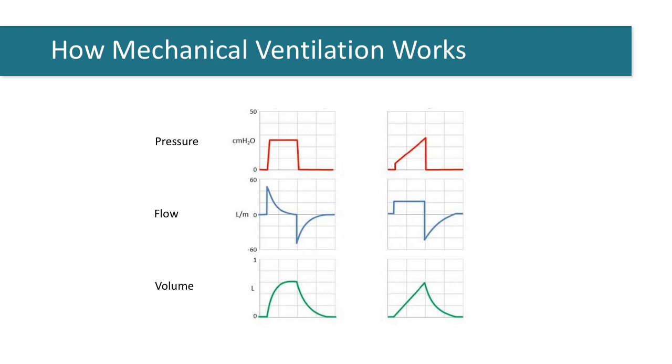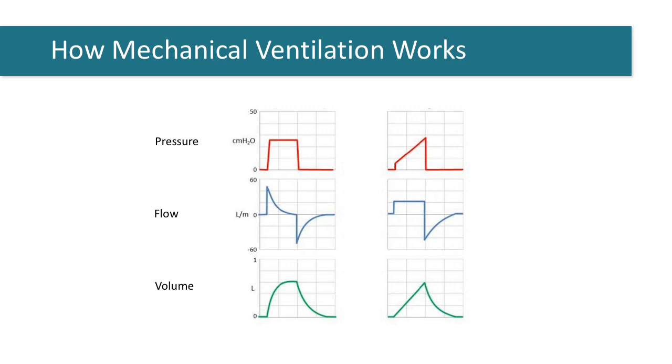While the pressure is being delivered, you can see that flow rapidly rises and then progressively decays, and tidal volume rises progressively, but stabilizes and does not continue to rise as inspiratory flow drops off.